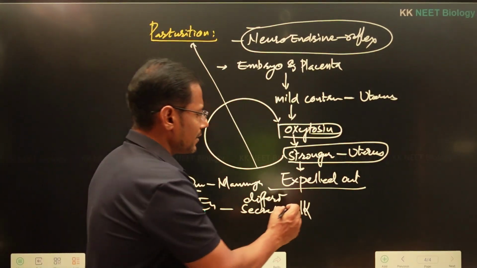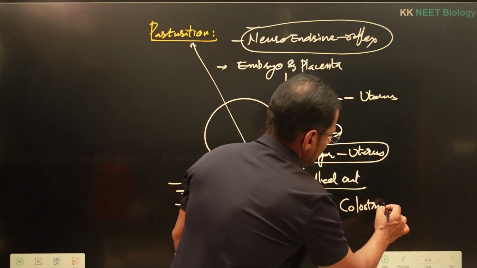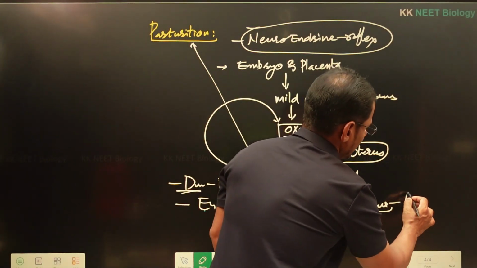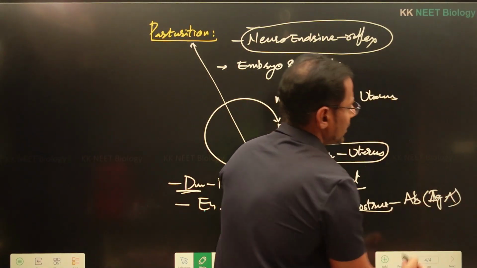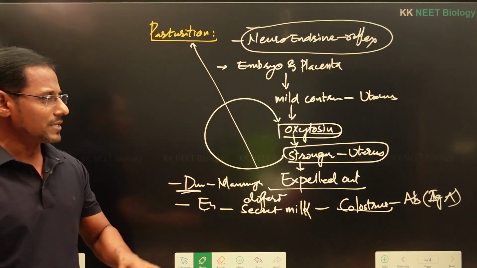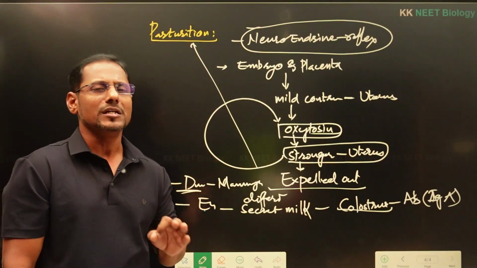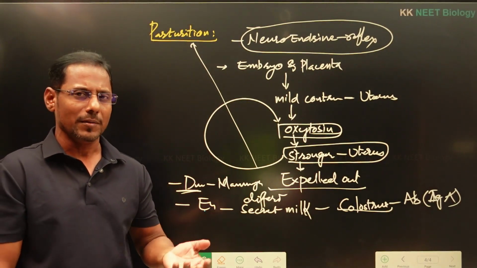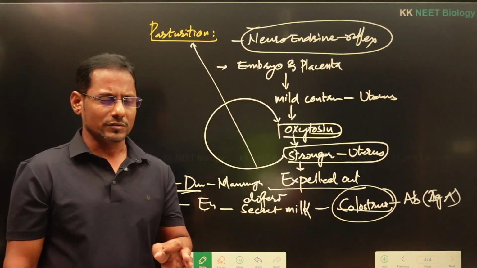This particular milk we call colostrum. Colostrum is rich in antibodies, generally immunoglobulin A, IgA. They are very important and vital for the baby. Colostrum is secreted for 2 to 3 days like that.